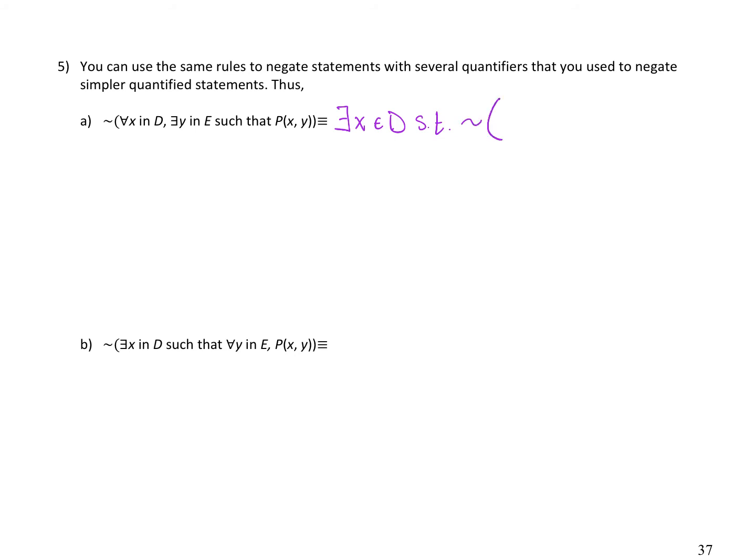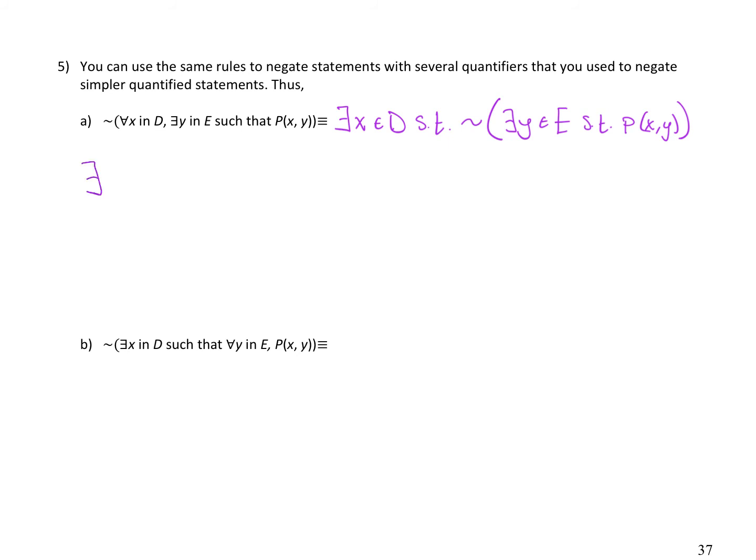of the statement. So the rest of the statement is there exists a y in E such that P of xy. And then I can use my how to negate this statement. So this is an existential, it's going to become a universal. I have a there exists, it's going to become a for every. So I'm going to copy the beginning part.